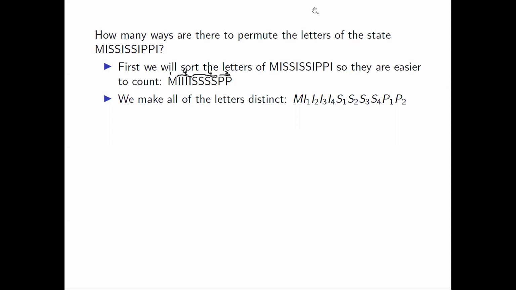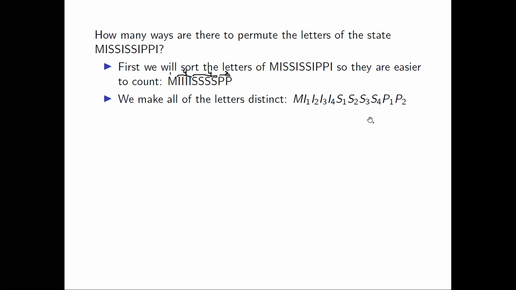Now, since we already know how to deal with permuting sets where all the elements are distinct, we can turn this state name right here, Mississippi, or the way I've written it, MIIIISSSSPP, into a set of letters, all of which are distinct.